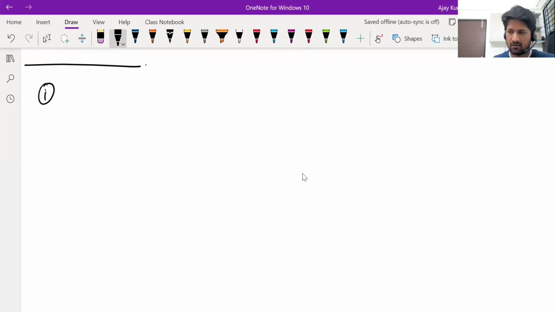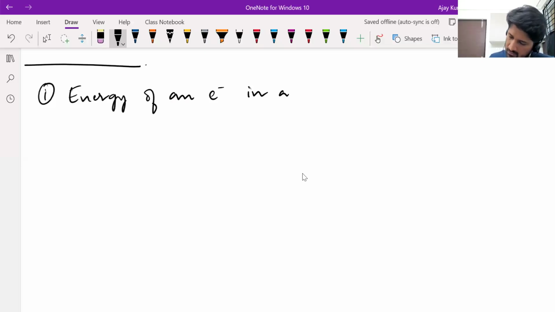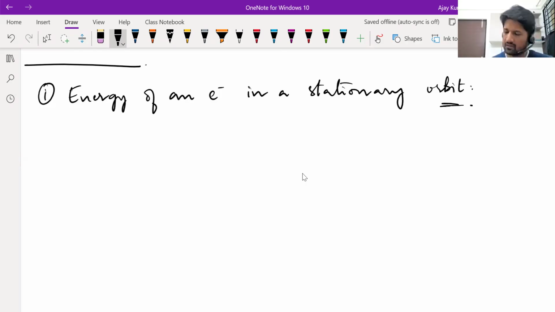First, let's calculate how much energy an electron has in a certain stationary orbit. Very, very important. The derivation is also important. Now, from Rutherford's model, by writing the centripetal force equation, we already derived that the total energy of an electron revolving around the nucleus is minus kze square by 2r.